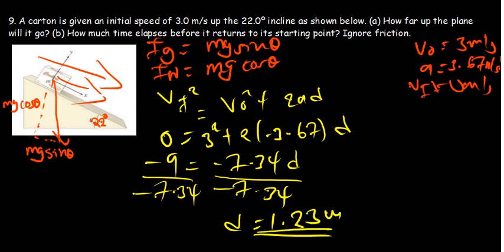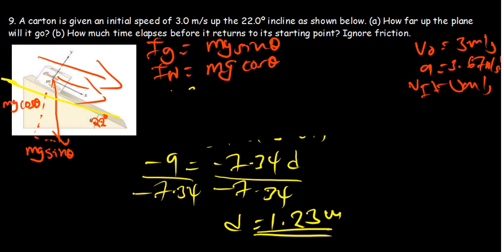Now the last part asks how much time elapses before it returns to its starting point. If we calculate the time it takes going up, then we times it by 2 for the total time to come back. What formula can we use to calculate the time?